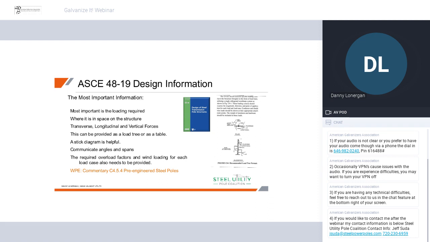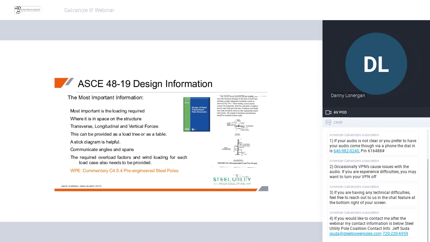So softwares for loads and capacities, ground line moments, reactions to specific load trees. It's been a great evolution for our industry, and most all of fabricators of pre-existing structures, regardless of their material, have some form of a definition available in these softwares. So we'll touch on that in a little bit.